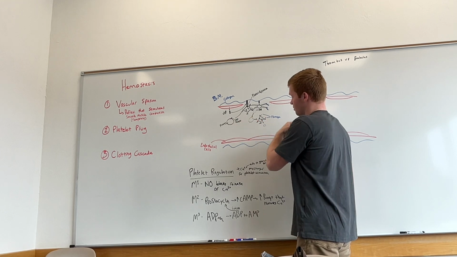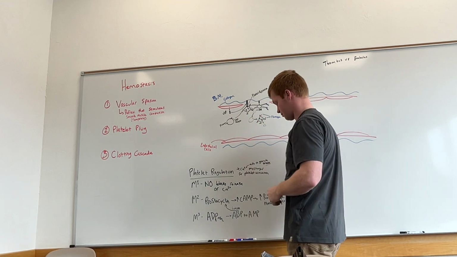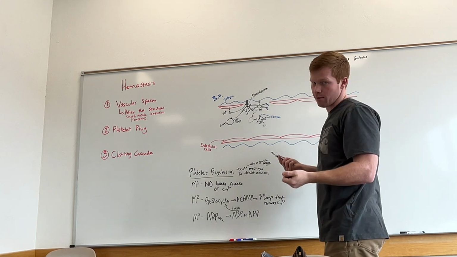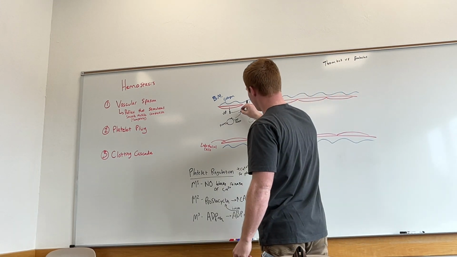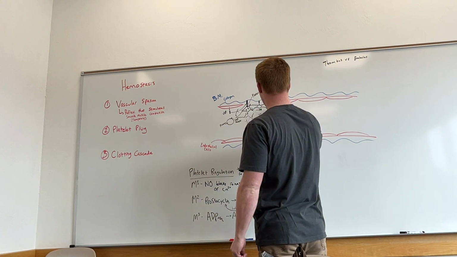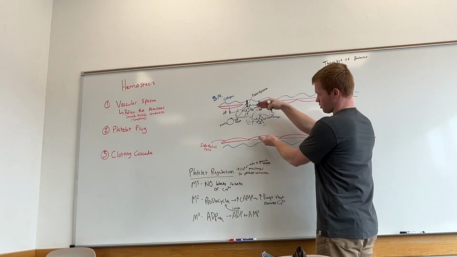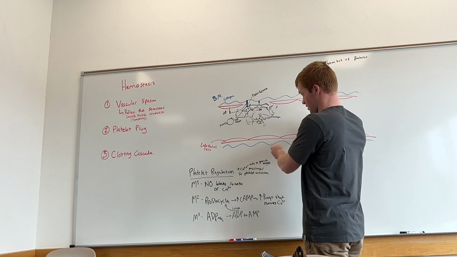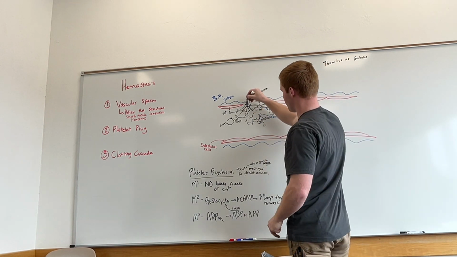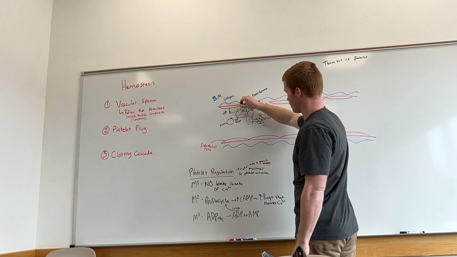But yeah, so that's going to plug, and you're just going to get a big buildup of all these fibrinogen. In the blood vessel, they're not really going to come out this far. This is just drawn out bigger, so you can see a little better. But pretty much you get the point.